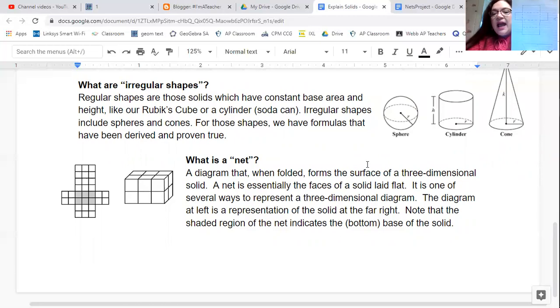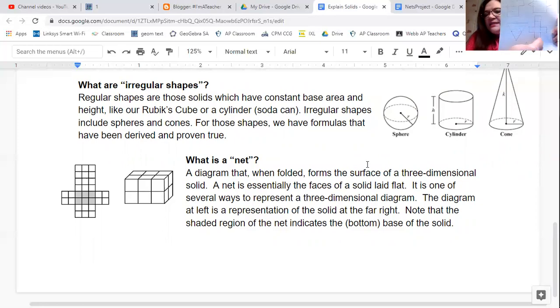So think of it as our Rubik's Cube. This one right here is our Rubik's Cube, but we tore it apart. We unfolded it and flattened it out.